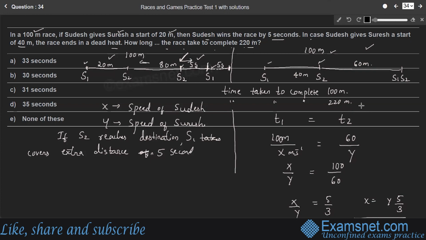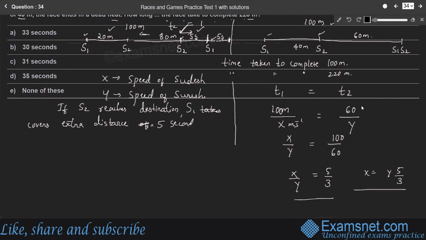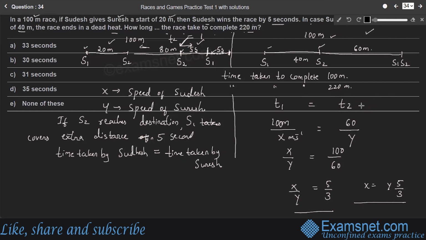Then the time taken by him, T2, is equal to the time taken by the first person plus 5 seconds extra. Therefore, we'll consider the time taken by the first person Sudesh, which is equal to the time taken by Suresh, when it is possible, if the first person Sudesh covers the extra distance.